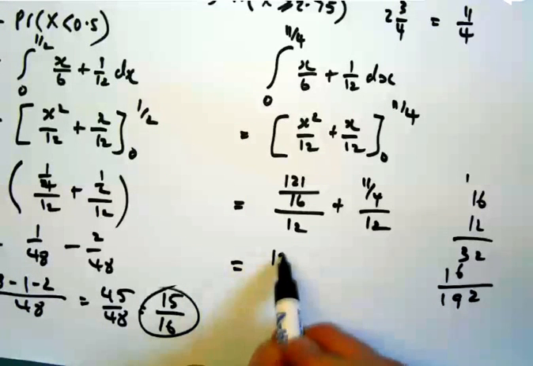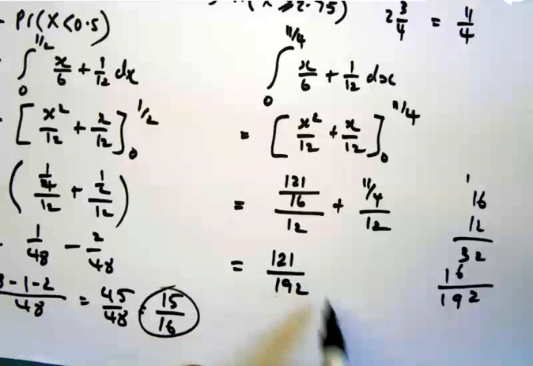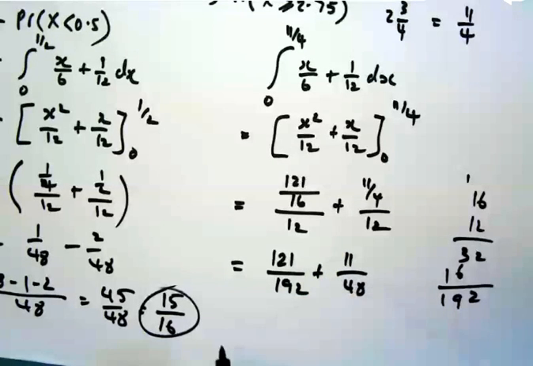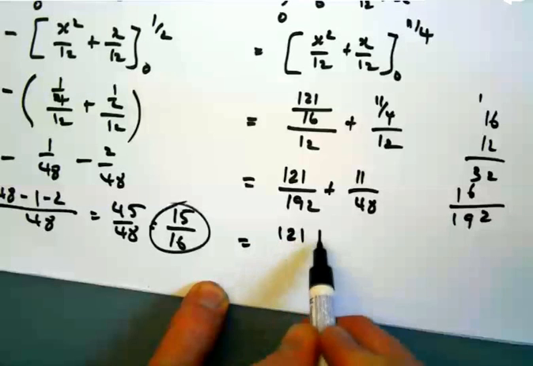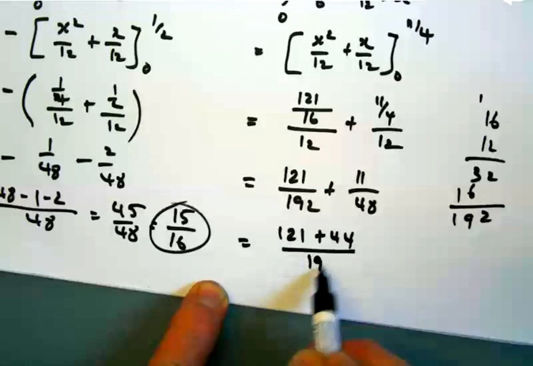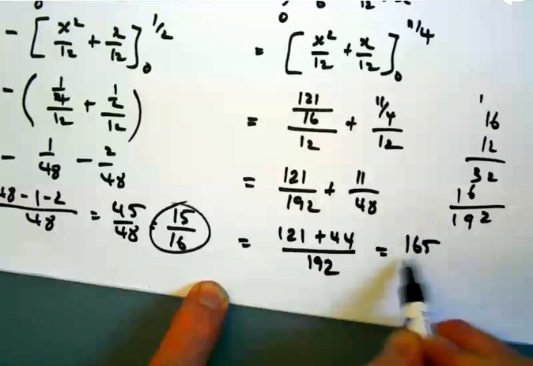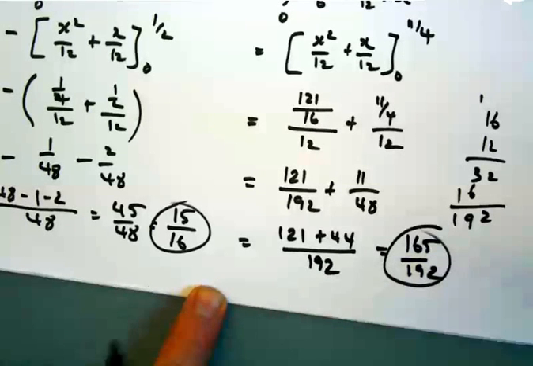So 121 on 192 plus 11 on 48, and I need to times that by another 4. So 121 plus 44 on 192, which equals 165 on 192, and that's going to be my last probability.